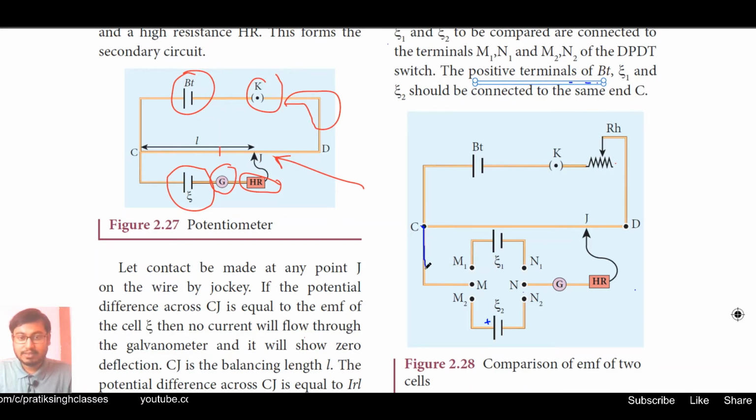This becomes the secondary circuit, as I am joining the blue line. By changing the position of the jockey on this stretched wire CD, we find at what position we get zero deflection. That is called the balancing length CJ, as we have seen in the potentiometer.